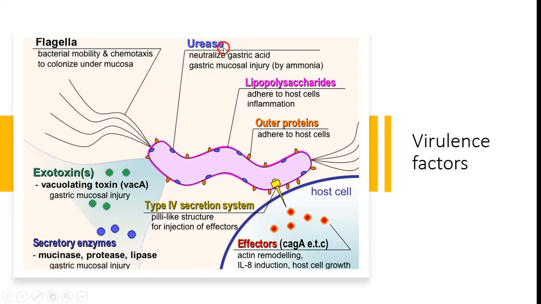One of the biggest enzymes to recognize is urease, because urease is going to be able to go in and break down urea into ammonia, so it's going to help to neutralize those stomach acids. Also, because it's gram negative, it's got LPS on its surface over here, and then it's going to have various exotoxins and other enzymes such as mucinase, protease, and lipases, which are going to go in and do damage to that mucosal membrane.